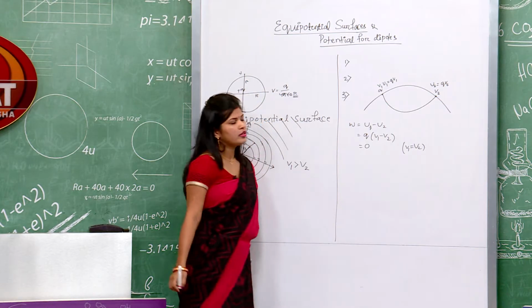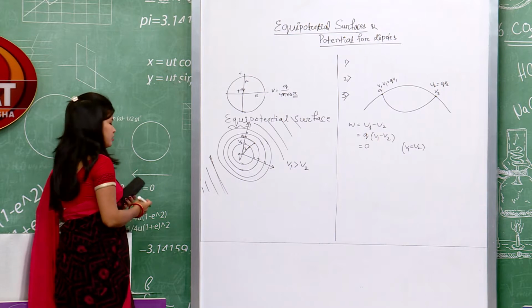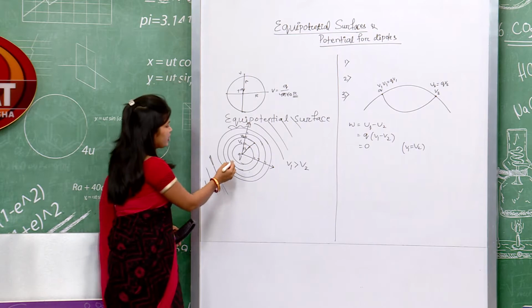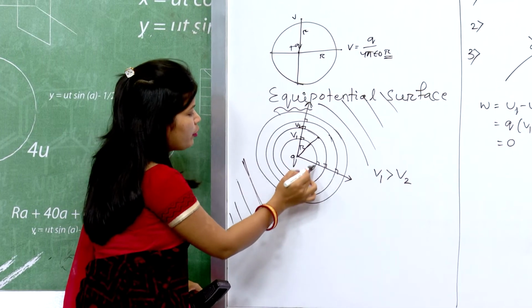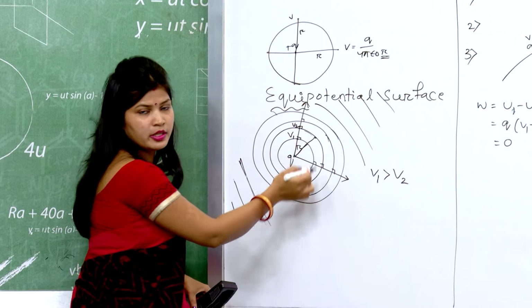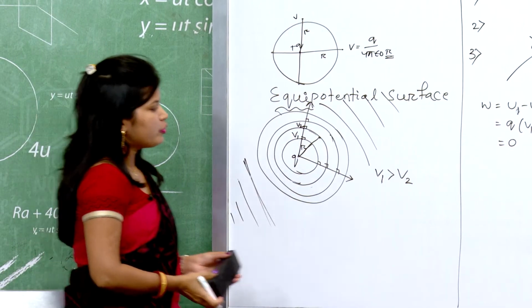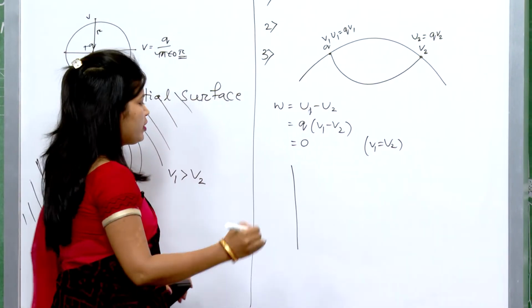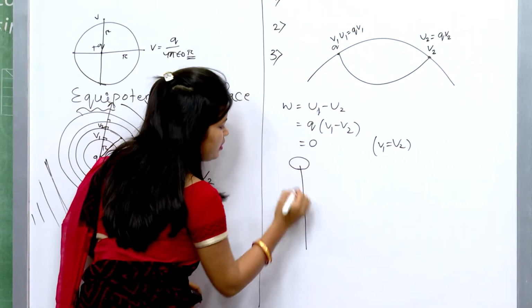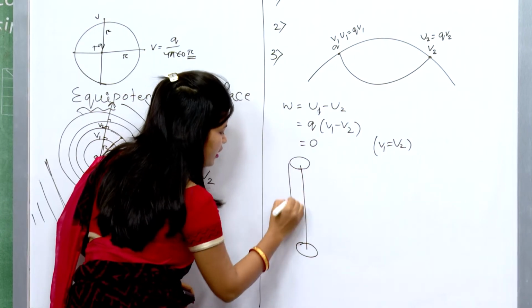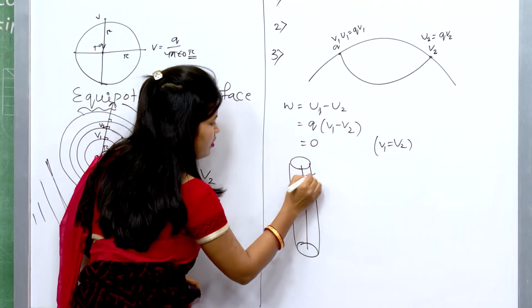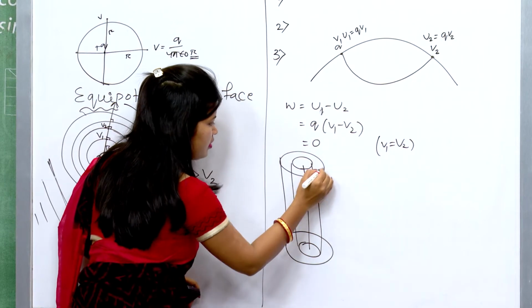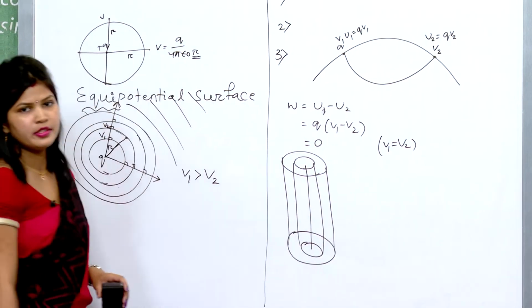Now, let us discuss the shapes of the equipotentials. For the point charge, the equipotential surfaces are spherical surfaces. Suppose you have the line charge, then what will be the shape? The shape is cylindrical.